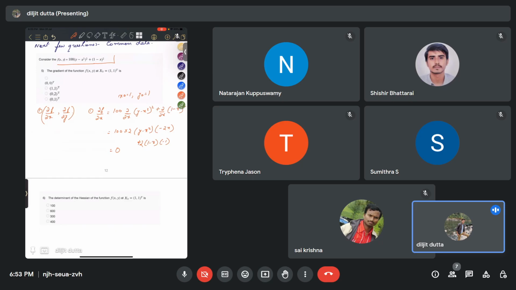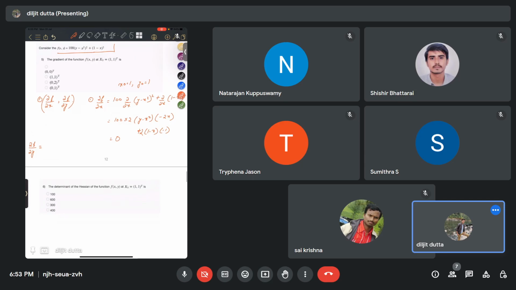So the second term is del f by del y. It will be equal to, again similarly, 100 into 2 into y minus x square, and by chain rule it will be 1, because del x square by del y is equal to 0, plus 0.